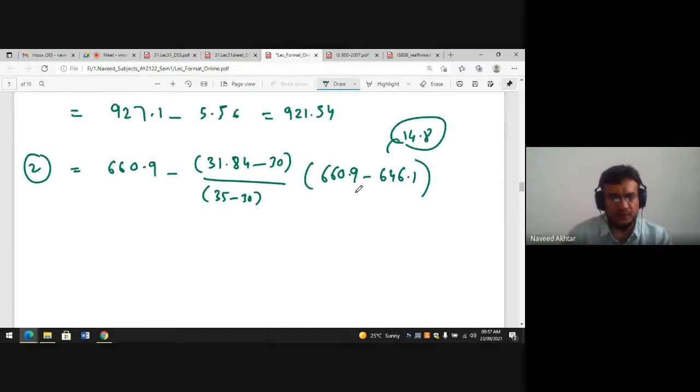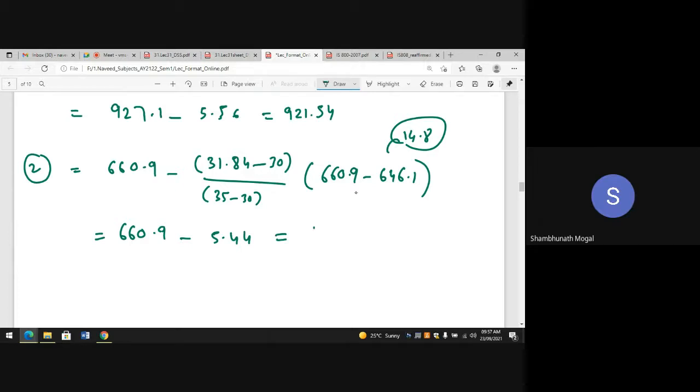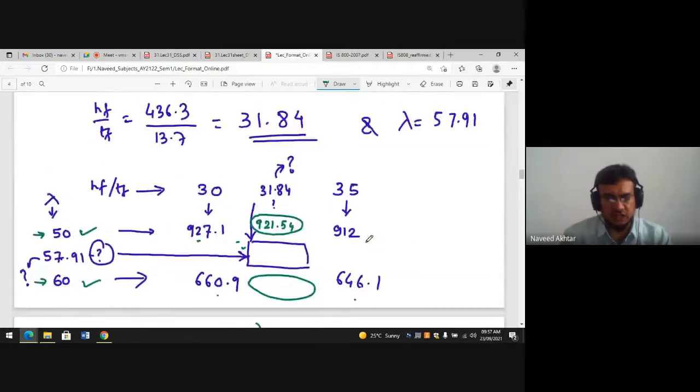If you calculate 660.9 minus, this will be 1.84 into 14.8 divided by 5 is 5.44. 660.9 minus answer, it is 655.45. So this is the second value, 655.45. So we will stop here and we will complete this example in the next lecture.